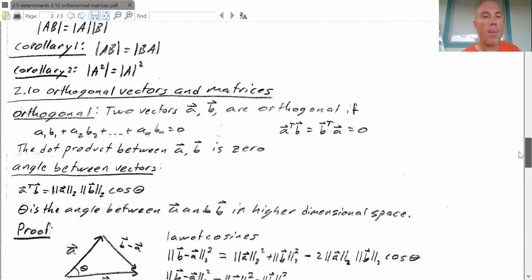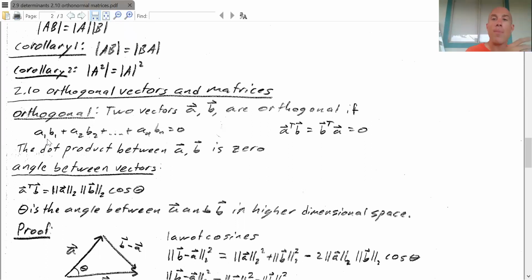All right, so now let's talk about orthogonal vectors and matrices. Two vectors are orthogonal if and only if the dot product between them equals 0. The dot product is where I take entries by position: I multiply first positions together, second positions together, third positions together, all the way down to the nth position.